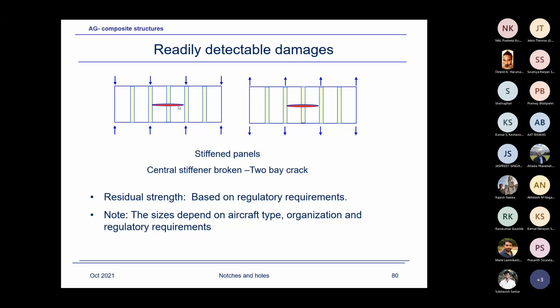So you have high strength fibers. Using those high strength fibers, tension strength has been increased compared to the old generation fiber materials. Today, suppose you have a T700 or T800 fiber, compared to T300, the tensile strength has been increased by almost 50 to 60%. Unfortunately, the compressive strength doesn't increase with the fiber strength.